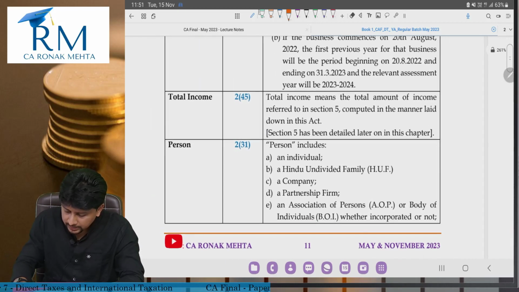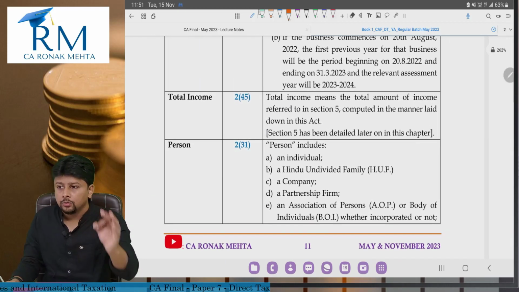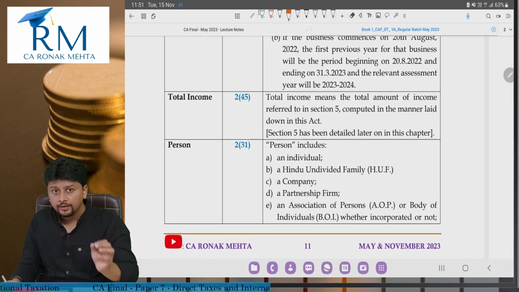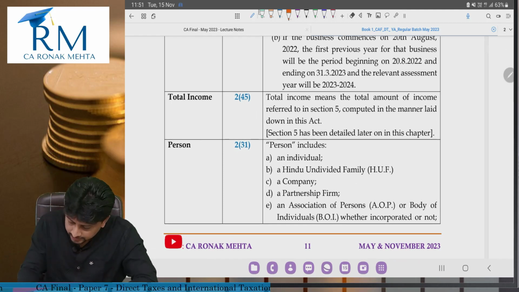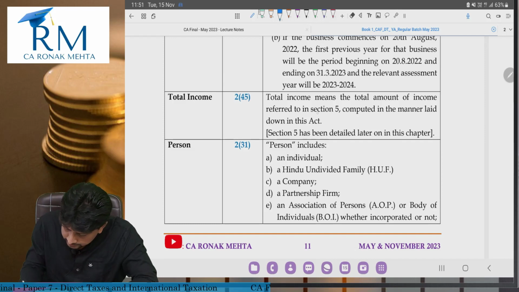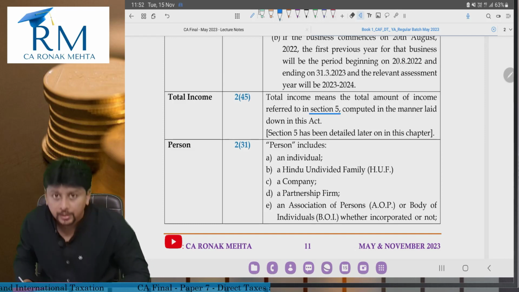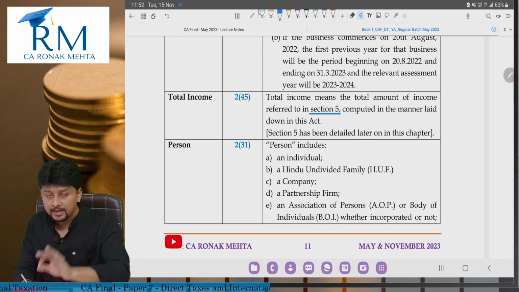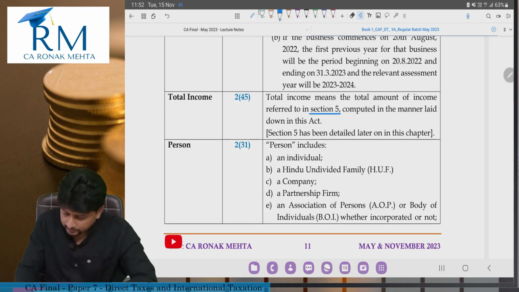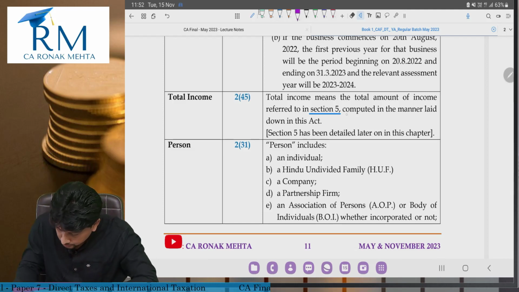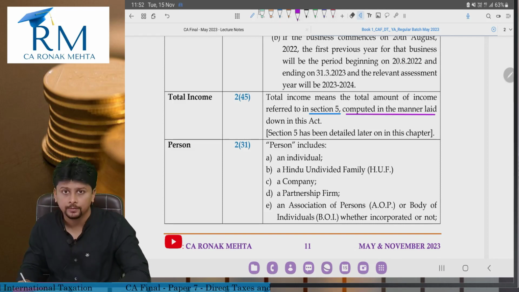Total income means the total amount of income referred to in section number 5. Comes the first point of discussion, referred to in section number 5. Computed in the manner laid down in the act. This is the second part of this definition, computed in the manner laid down in the act.